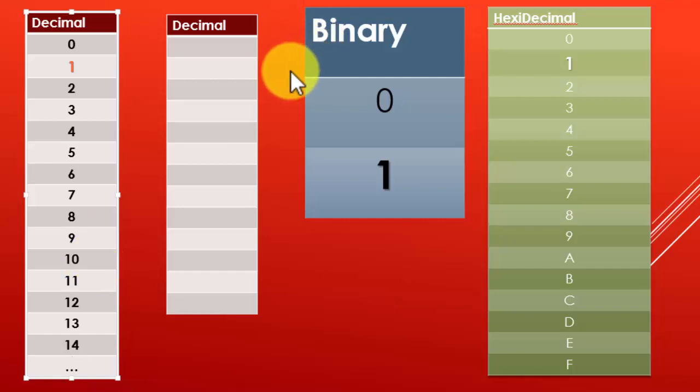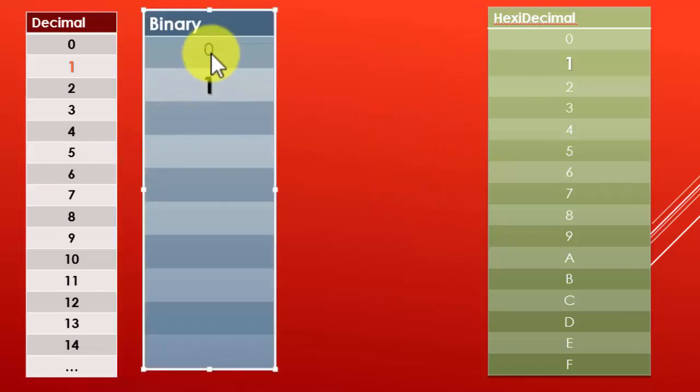Now in binary, we have 0 and 1, and we have already completed these 2 digits. Then it starts again from 0, with a 1 before it. Then 1, with a 1 before that.